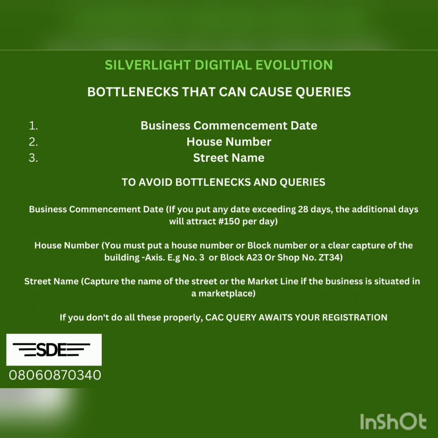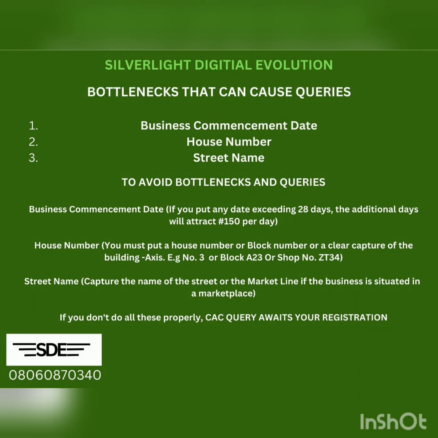Second bottleneck people face is house number. A lot of queries come under house number and the street name. House number means you must describe the number of the building. Number 10, number 3, number 4, so and so street. It must be defined. If you put any number that is not clear enough for CAC, they are going to query it.